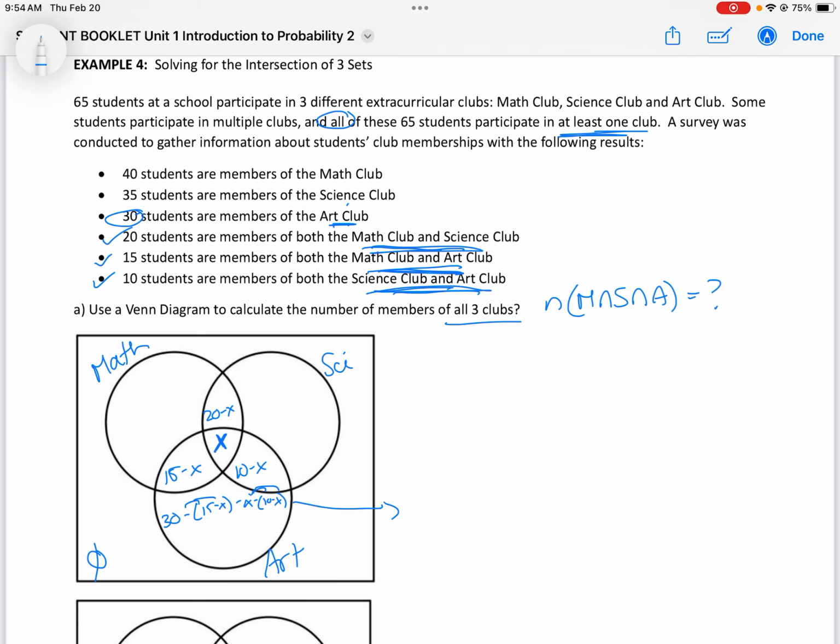So if we want to see the work, we're going to have 30 minus 15 plus X minus 10 plus X. So our expression here is going to be 5. The X and negative X cancel, 5 plus X.